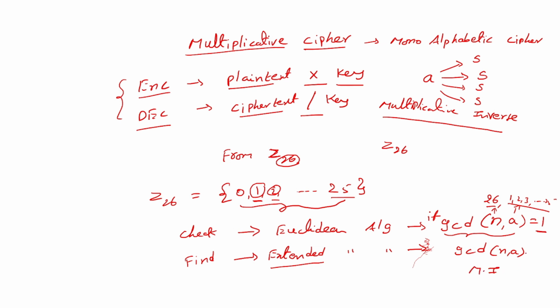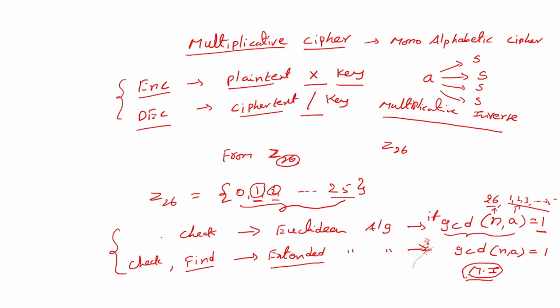So by finding the GCD you can check whether the integer has a multiplicative inverse or not, and at the same time we can find the multiplicative inverse. If GCD is 1, that means the integer has a multiplicative inverse, and we can find it using the extended Euclidean algorithm. If GCD is not 1, then there is no need to find the multiplicative inverse.